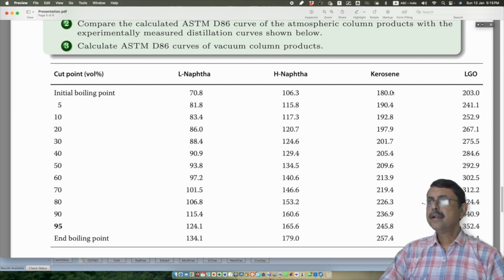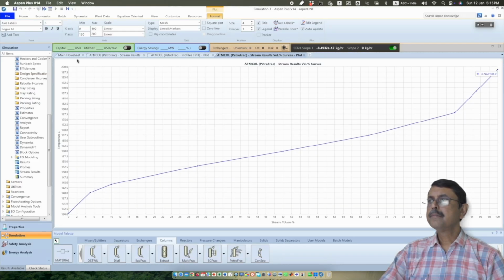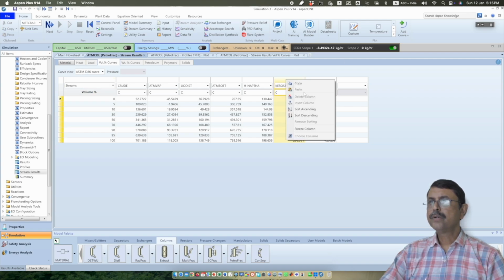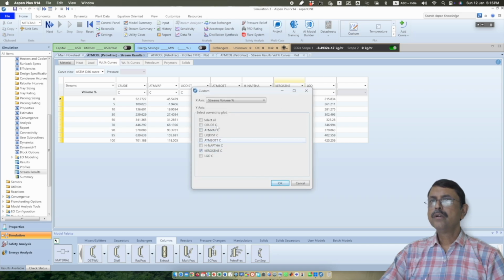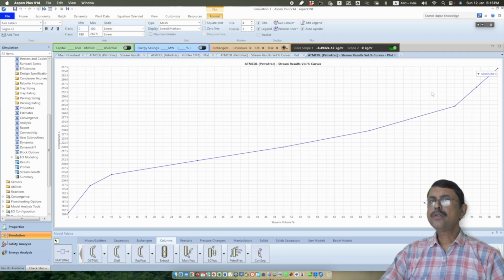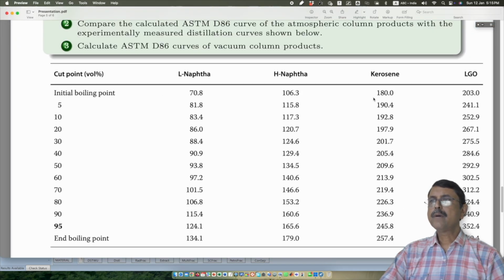Let us do it with kerosene. So for kerosene, we have this one, right? So this is the kerosene. So we write kerosene. So it is 180 to 267. It is 180 to 257. So kerosene is matching, you see. So this is the experimental curve.